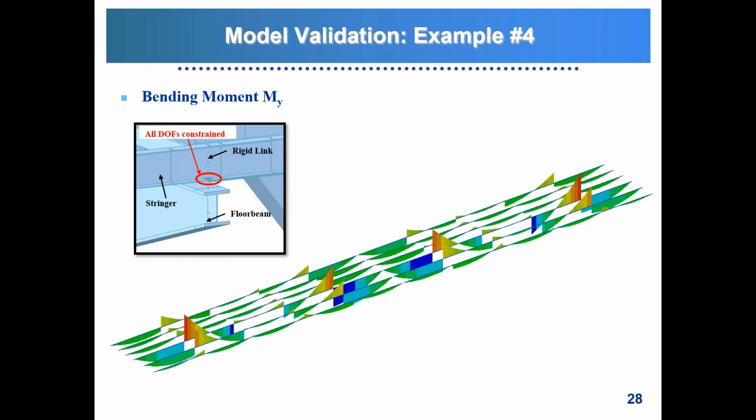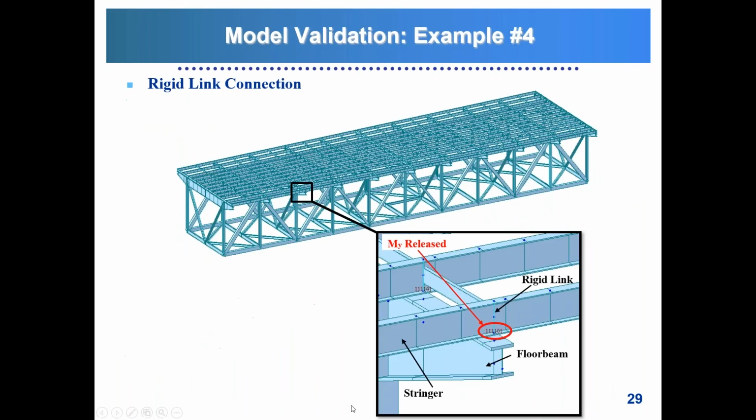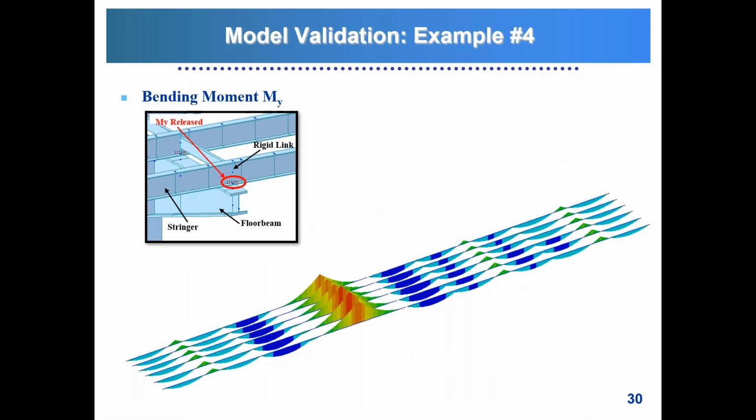And after looking at it for a while, we finally figured out that the rotation of this master node was introducing an additional moment on that stringer, and that was causing the issue. So what we did to fix it is we kept the link as it was, but we just released the moment in the y-axis, and just by doing that release, we were able to get the moment diagram that we were expecting.